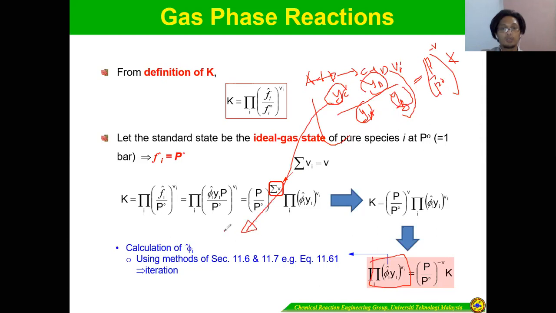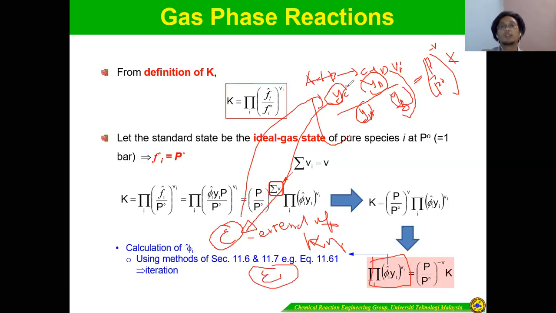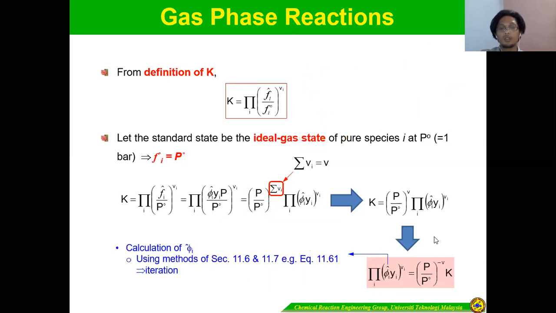This one is related to the extent of reaction, or reaction order. You substitute this into this equation, and you have to solve for the extent of reaction before you get the composition. This is the step. And we can see the relationship when increasing or decreasing the pressure.